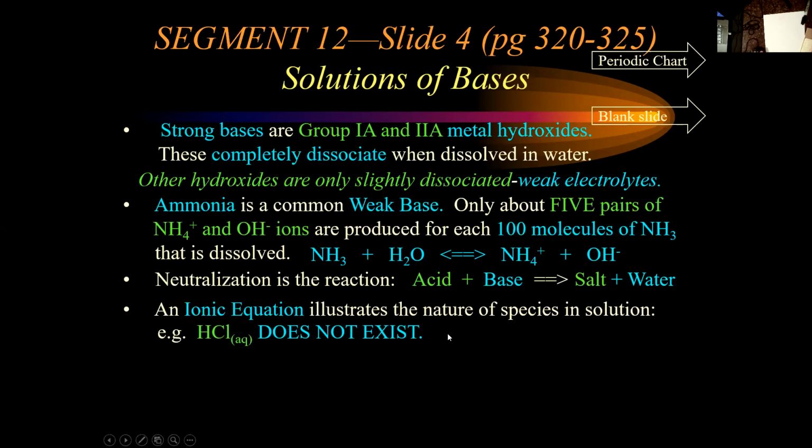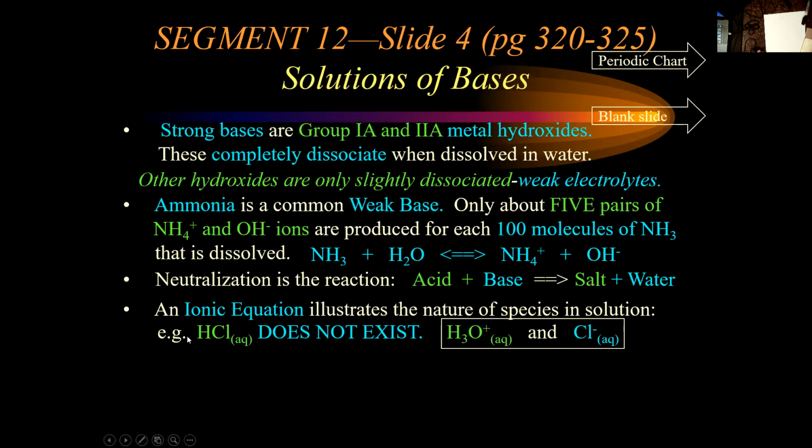Now, if I put HCl into water, you don't have HCl aqueous. That would be incorrect. It doesn't really exist. When you put it into water, you're going to completely convert to hydronium ion and chloride ion. For every mole of this you put into water, you get a mole of this and a mole of this.